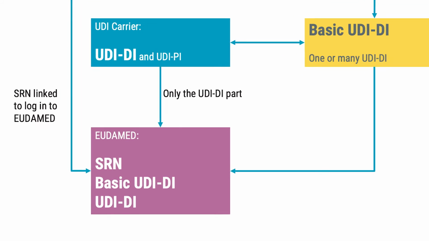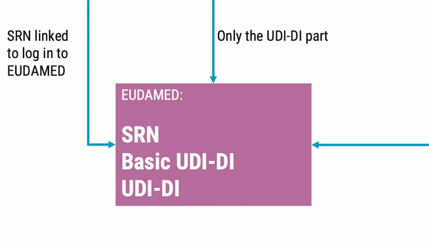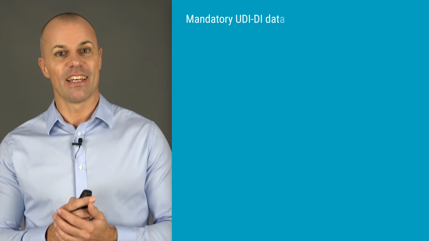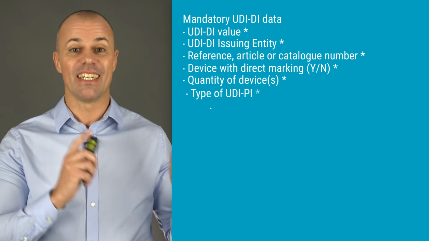So now we are in the actual device registration module, and here we need to enter all the relevant data for the actual device corresponding to that specific UDI-DI we are registering. So let's look at what data is required here then. Here you can see the mandatory data that needs to be put into EUDAMED for each UDI-DI.